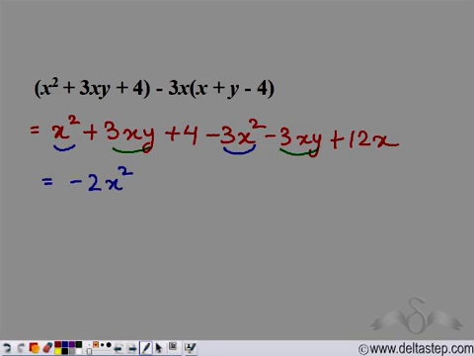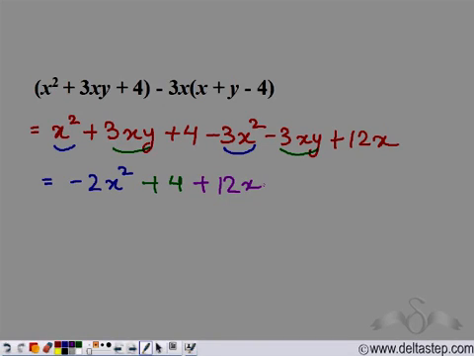So 3 minus 3, we get 0. We have a plus 4 here. So we write plus 4. And we have an x term, which is plus 12x. So this is a much simplified expression when you compare it with this expression.